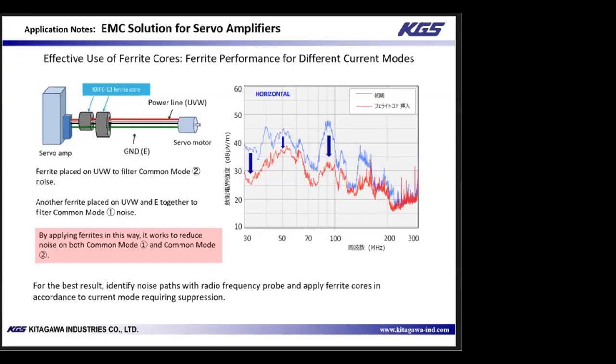With two ferrite cores applied over the cable, each one tackling a different common mode noise, noise suppression can be achieved up to 150 megahertz. To obtain the best results, identify the noise path with a radio frequency probe, and then apply the ferrite cores in accordance with the current mode requiring suppression.